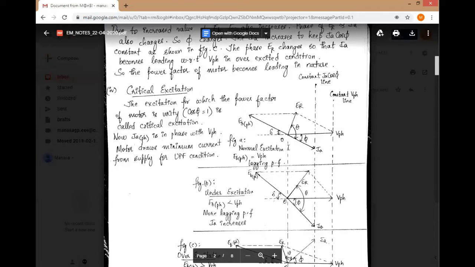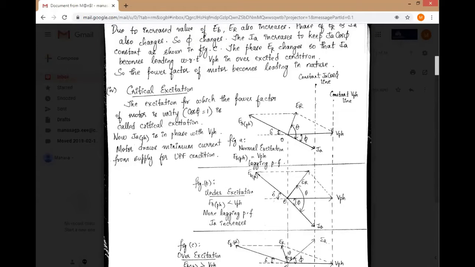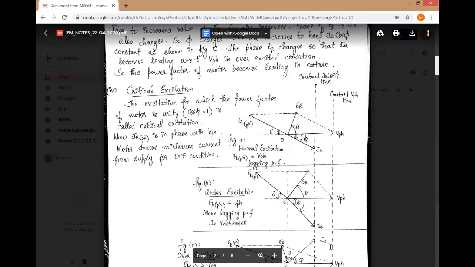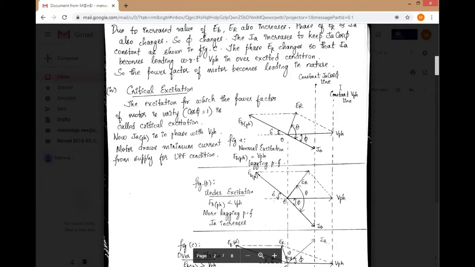Here, if you observe, I've taken two constant lines. One is we are keeping the supply voltage constant. Remember, the supply voltage will not vary. Almost we get a constant voltage supply, so I've drawn the constant supply voltage line here. And there is one more component which remains constant in a synchronous motor, that is IA cos phi.